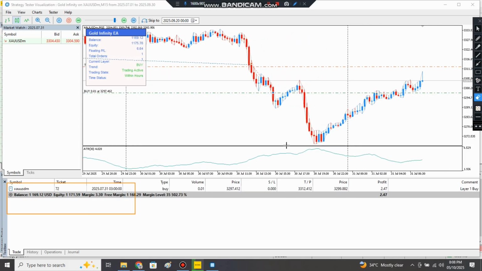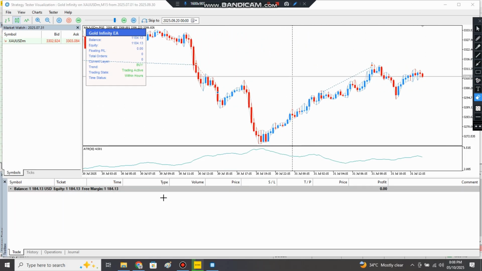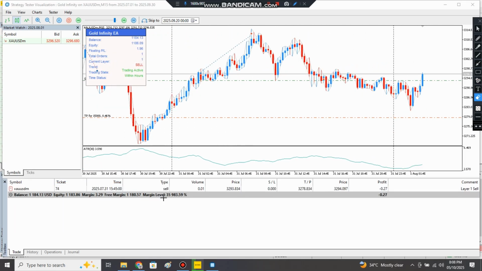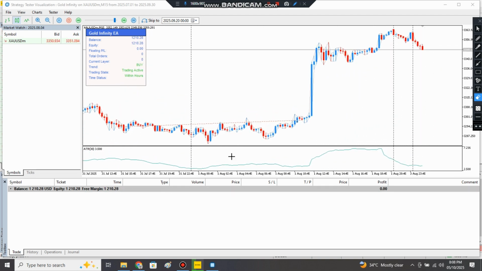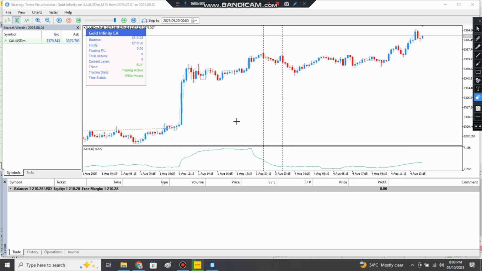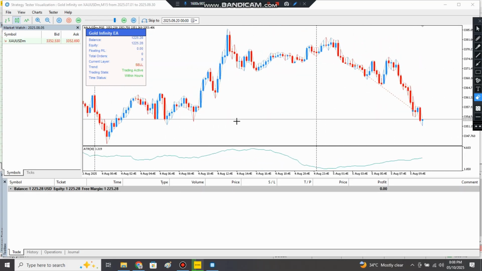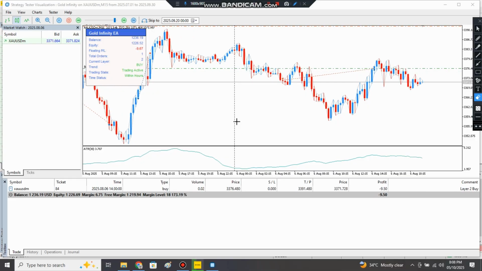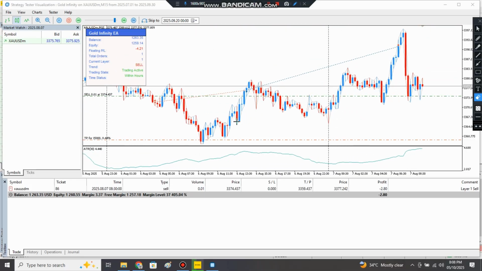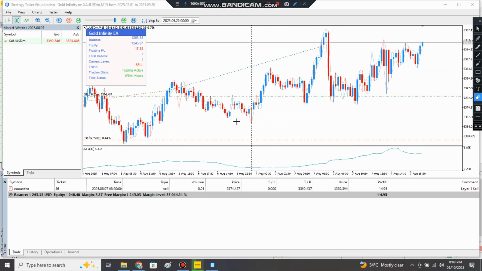It doesn't use martingale or grid strategies. Instead, it uses intelligent trend logic with a smart recovery mechanism. Every trade has a reason. Every exit has a purpose. Every action is calculated.